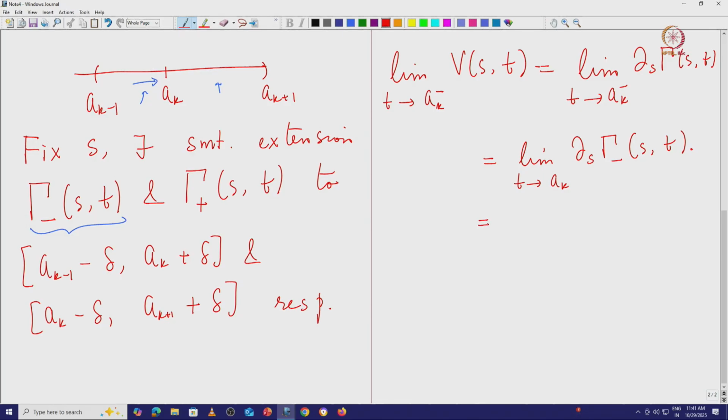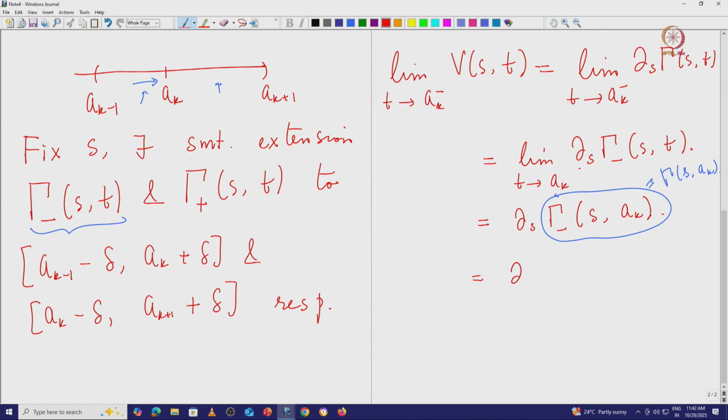Okay, but now because you are computing the s derivative for the smooth function, you can simply plug in s comma a_k, okay. But because this is an extension, note that this function is equal to gamma of s comma a_k, right.